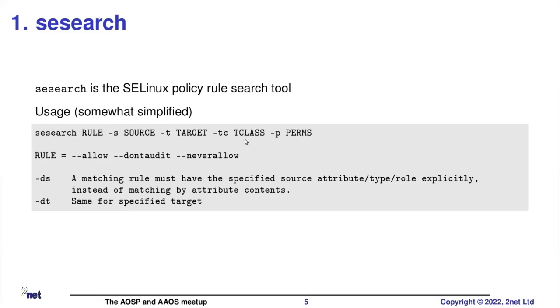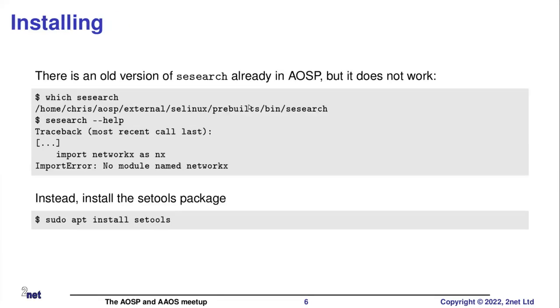You can give a class, and you can even give a list of permissions. And you can give some or all of these parameters, you don't have to give them all.